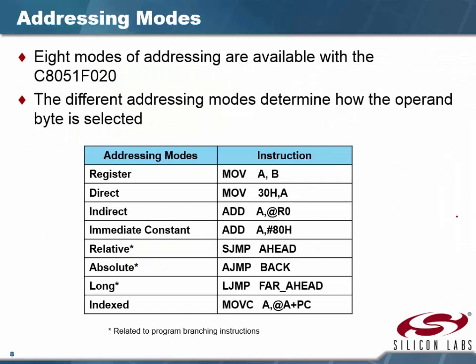Okay, getting into what we want to talk about today: our addressing modes. We have 8 addressing modes. One is register, where we're dealing with registers internal to the original 8051. Then we can do direct. Direct, this happens to be a memory location.